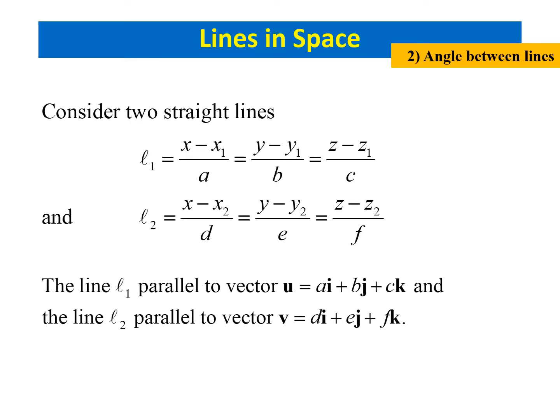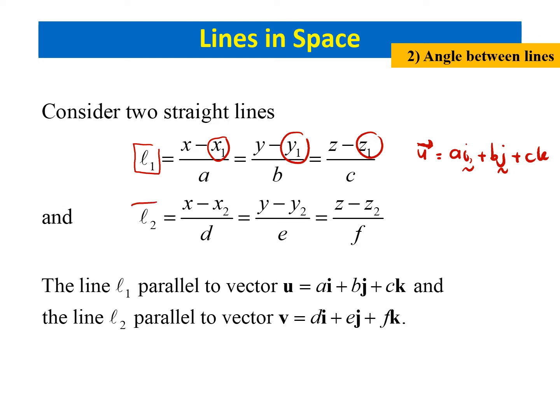Now we consider there are two straight lines, where the first line is represented as L1 and the second line is represented as L2. So our L1 here passes through a point x1, y1 and z1, and it is parallel to vector u, where we write it as u equals ai plus bj plus ck.